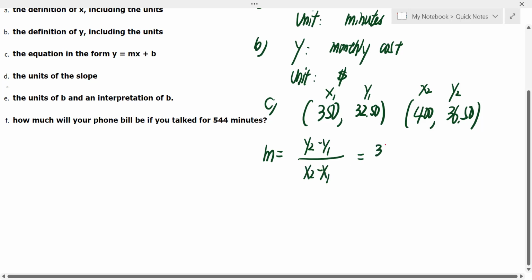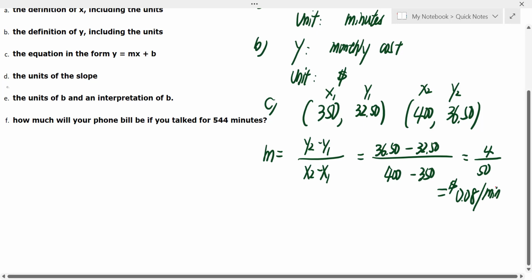So from here we get 36.50 minus 32.50 over 400 minus 350, and this is 4 over 50. So this turned out to be 0.08. Yes, $0.08 per minute, meaning each additional minute costs 8 cents.